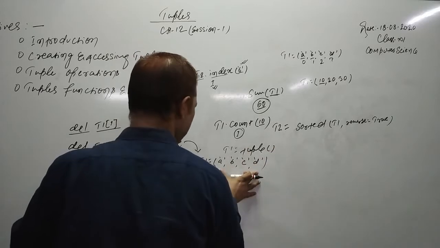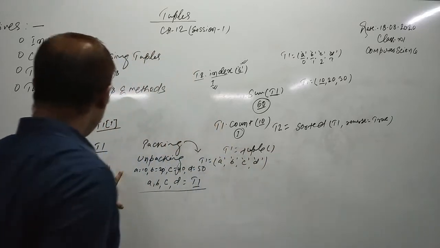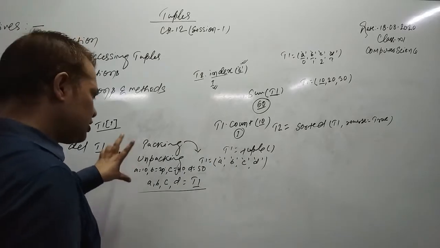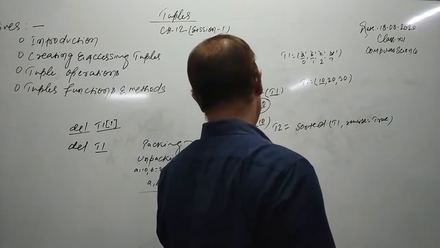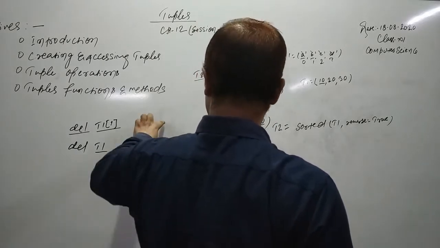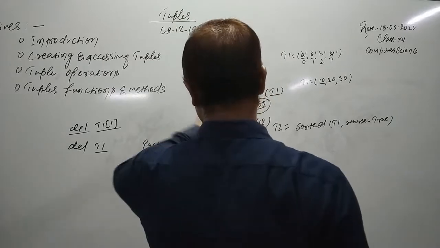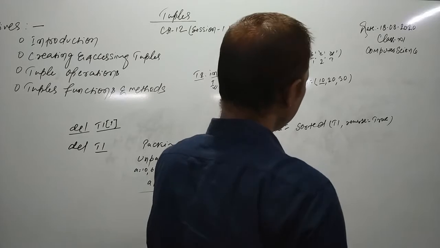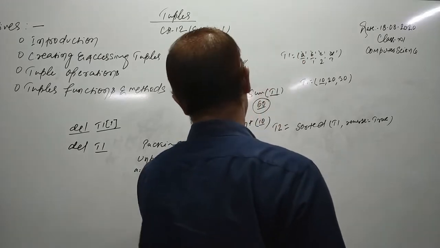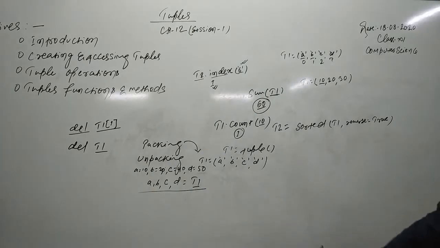So when I declare a tuple like this, it is called packing, and this is called unpacking. Packing and unpacking of a tuple is one more topic. Normally we create a tuple in the packing form, and if sometimes you want to make changes in the tuple indirectly, you have to unpack it, because as you know, a tuple is an immutable data type. It never allows you to change any element or any element value. That is what unpacking is.